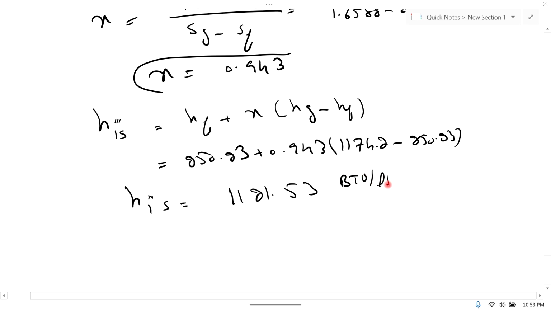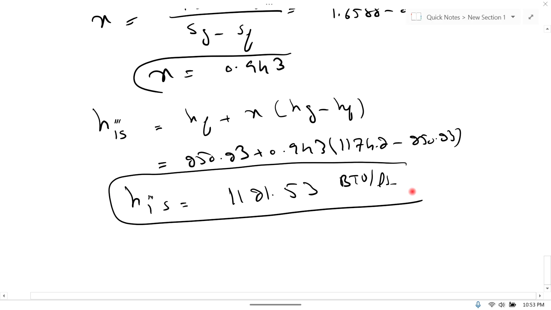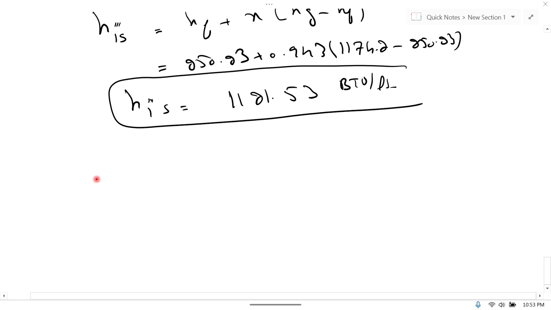Now we are finding H1 triple dash, the actual enthalpy. For this we use the equation: efficiency of turbine is equal to (H1 minus H1 triple dash) divided by (H1 minus H1S triple dash).